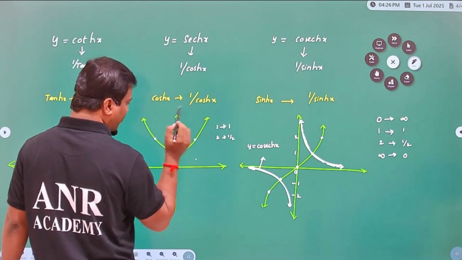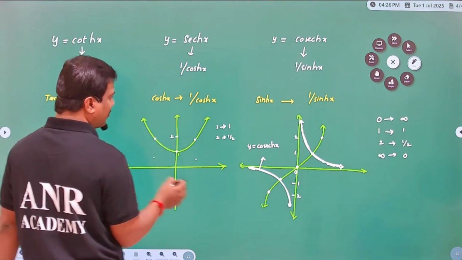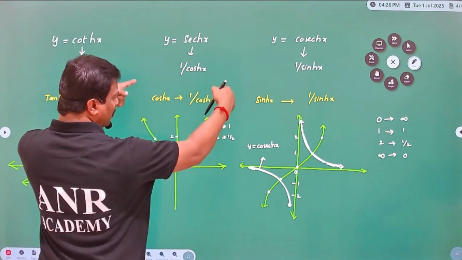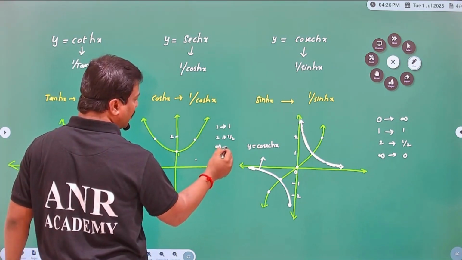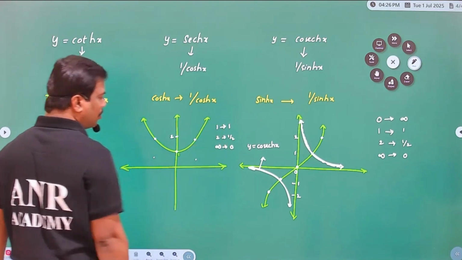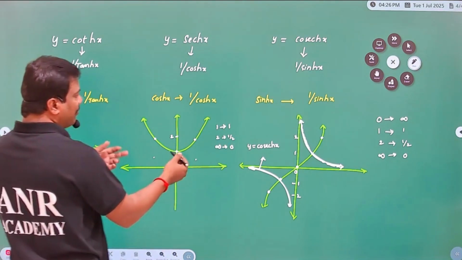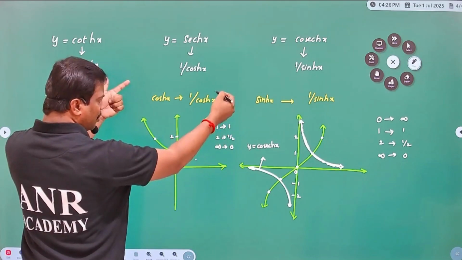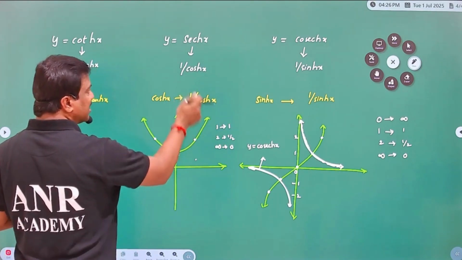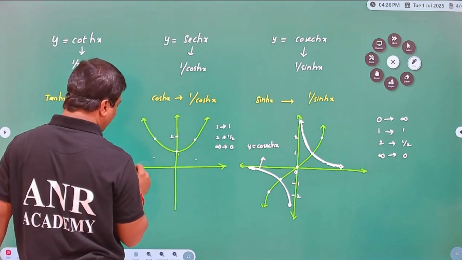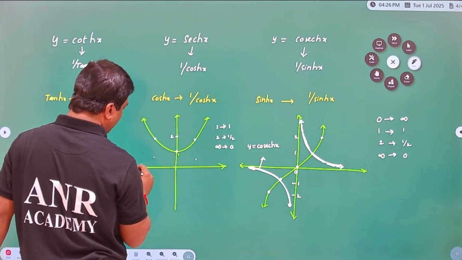Next, infinity changes to 0. Joining all these points, we get the graph. See here, I am joining all the reciprocals now.